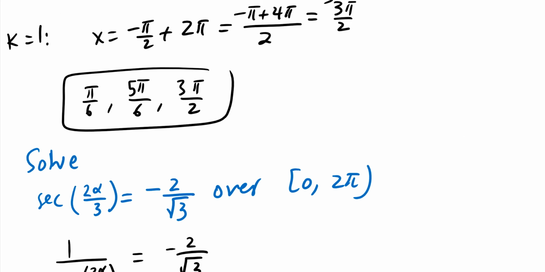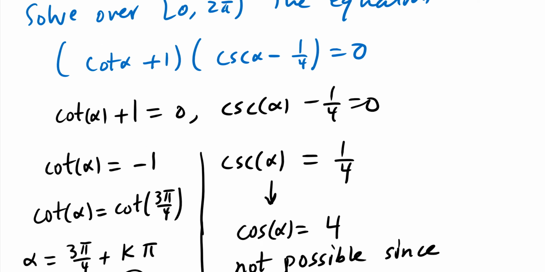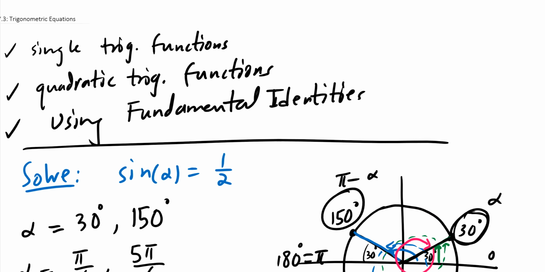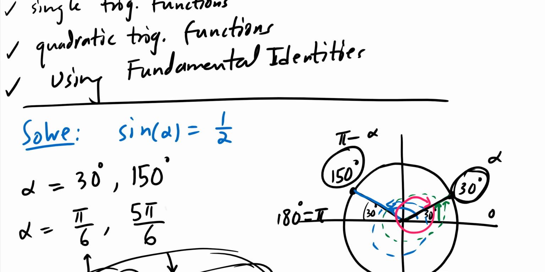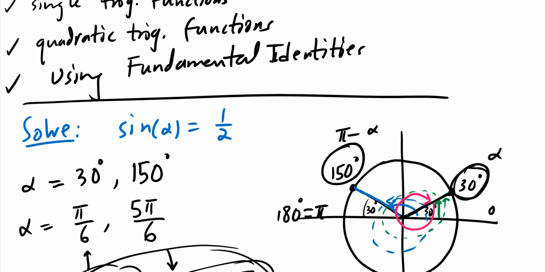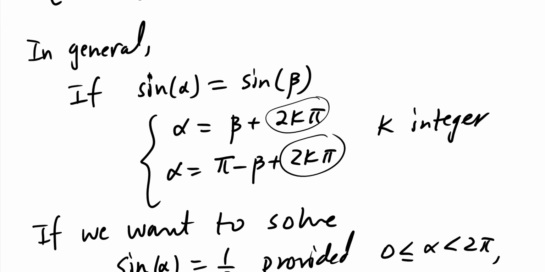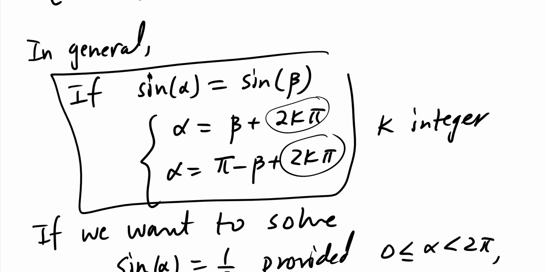So you see, just in summary, let me scroll back up. We tried to solve equations involving only one trigonometric function, only a sine or only cosine. We tried to prove to you the general case, which I wrote here. This is the general case, very important for sine.